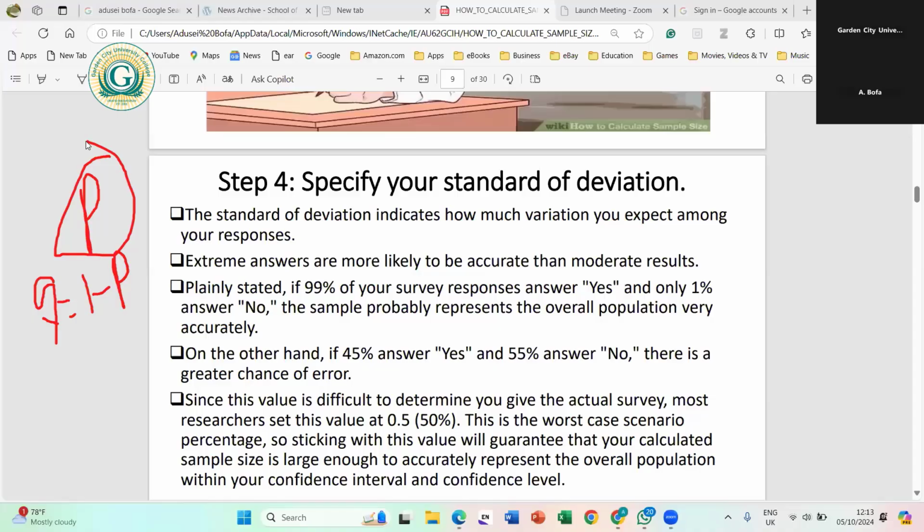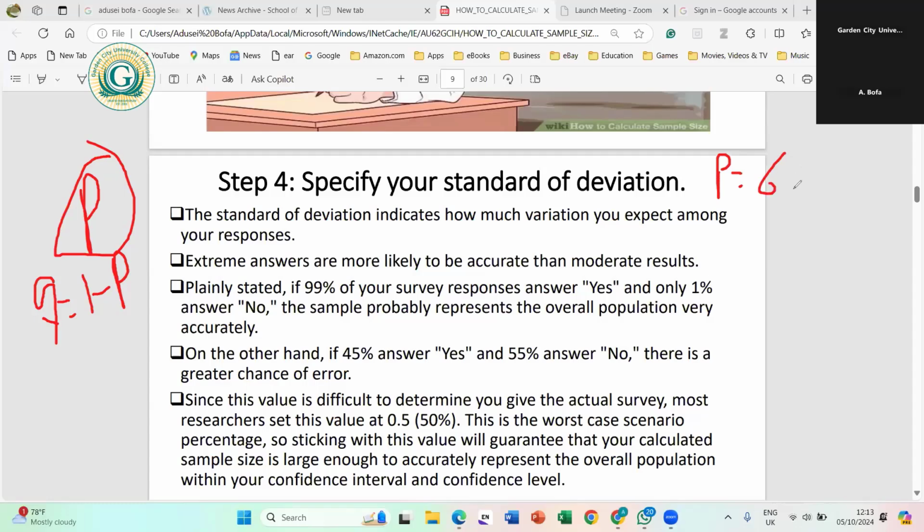With the malaria example that I cited, those who are experiencing the malaria we represent with P, and those who are not experiencing, we represent with Q, or we can say 1 minus P. Let's say those who are experiencing malaria in Garden City University are just 60%. Then we can say that P is equal to 60%.